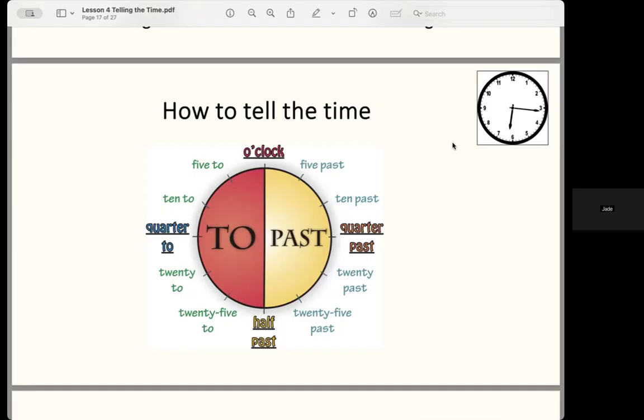But we then use that to tell the time. If the minute hand is on the 1, then it's 5 past. 10 past for 2, quarter past for the 3, 20 past for the 4, 25 past for the 5, and half past for the 6.